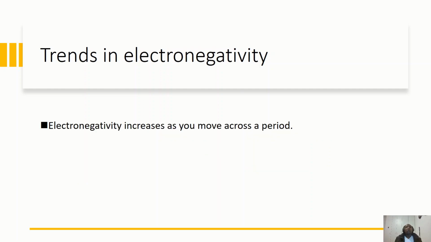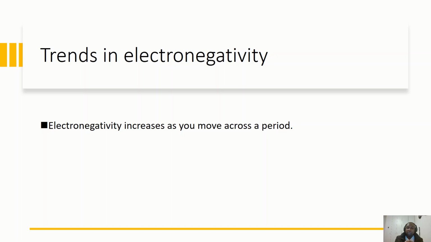Now for the period, electronegativity increases as you move across the period, from left to right. And we can also guess why. Because as you move across from left to right, the protons in the nucleus increase. So if the protons increase, you are increasing the positive charge of the nucleus.